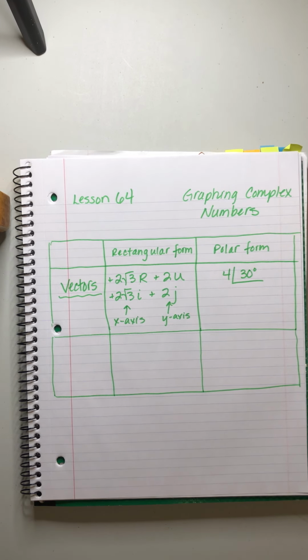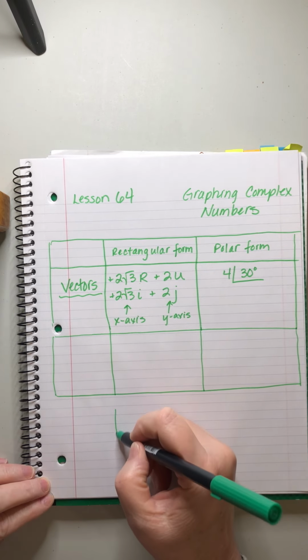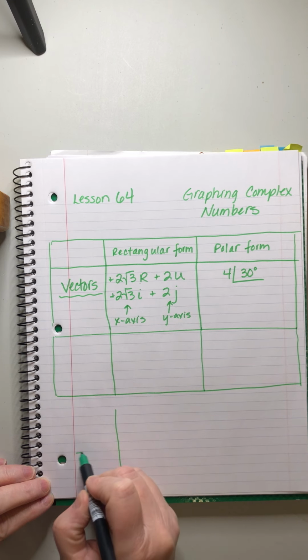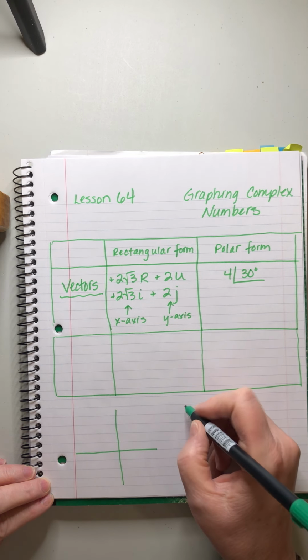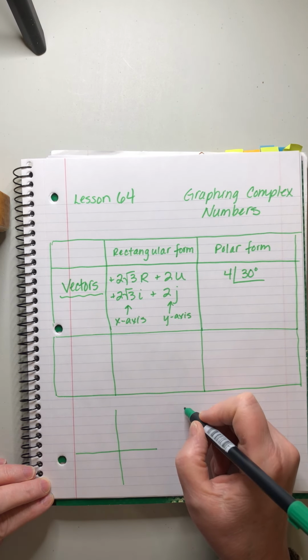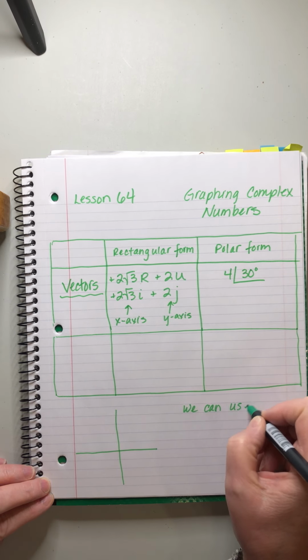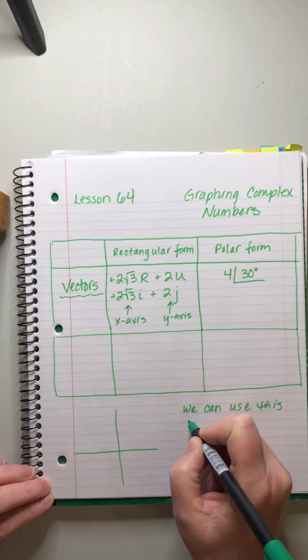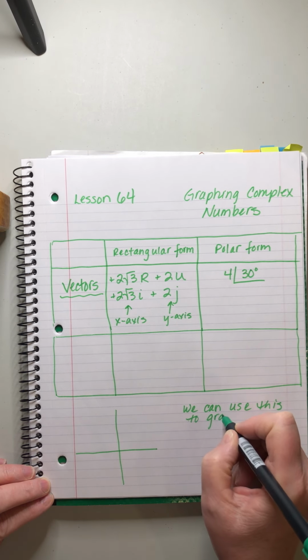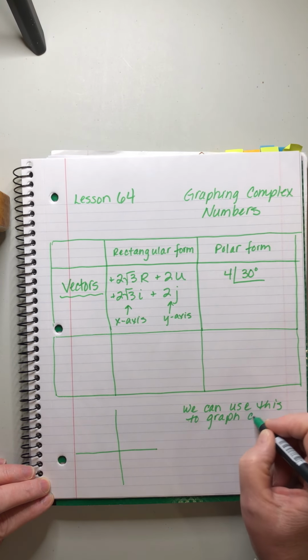We can take our same Cartesian coordinate system, this, and we can use it to graph complex numbers.